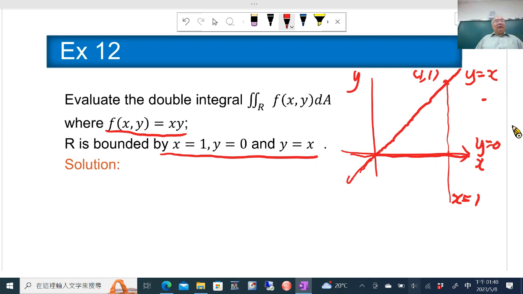It says that R is bounded by these three lines, one vertical, one horizontal, and one with a slant. So the region should be the one enclosed by these three lines. That's the region R.